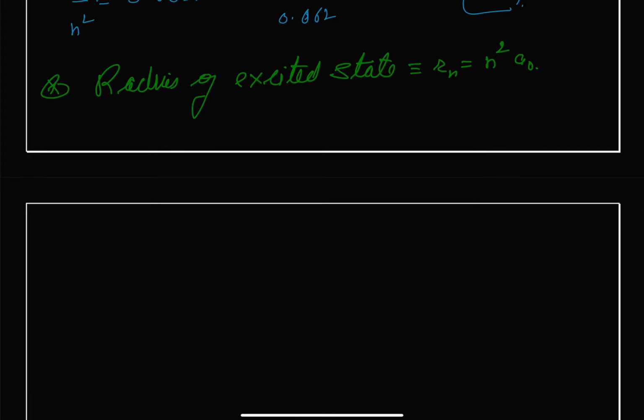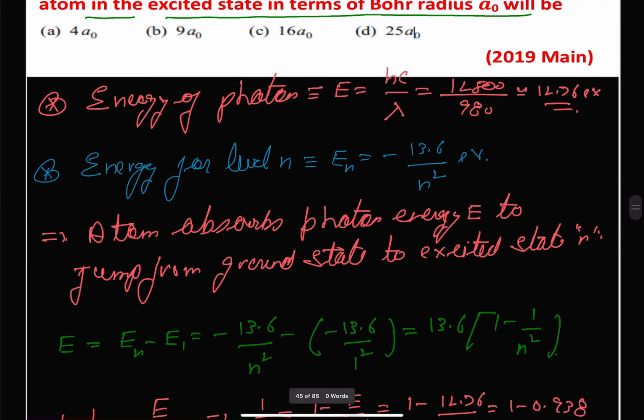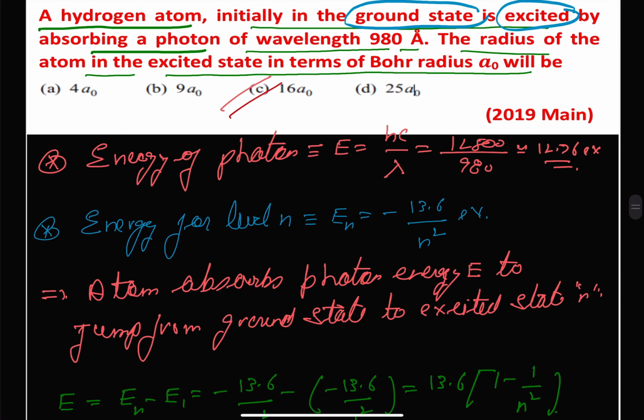Therefore, from here we get r of n is equal to 16 times a naught. So option number C is correct.